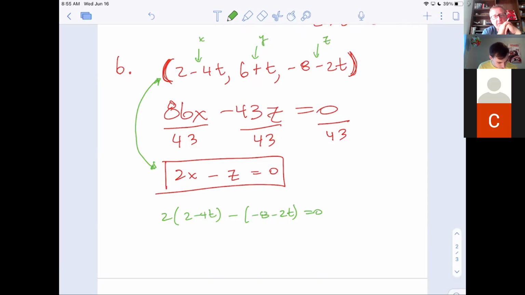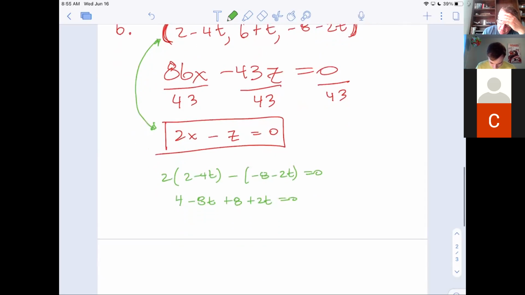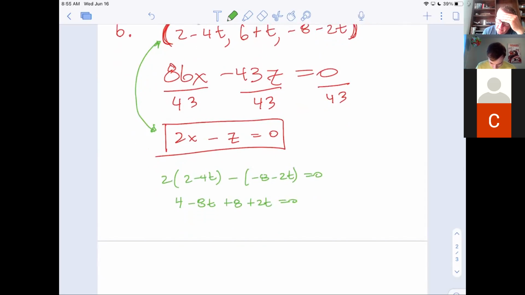It's not really time in this case, but I'm going to find this value for t that works here. So I end up with 4 minus 8t, minus a minus 8 is plus 8, minus a negative 2 is plus 2. So I end up with negative 6t, which if I add to the other side becomes 6t, and then I have 4 and 8. Oh, look at that. That's probably why that one came out so nice, because I was trying to make whole numbers out of this. So instead of t being some weird number, exactly 2. That's really nice.